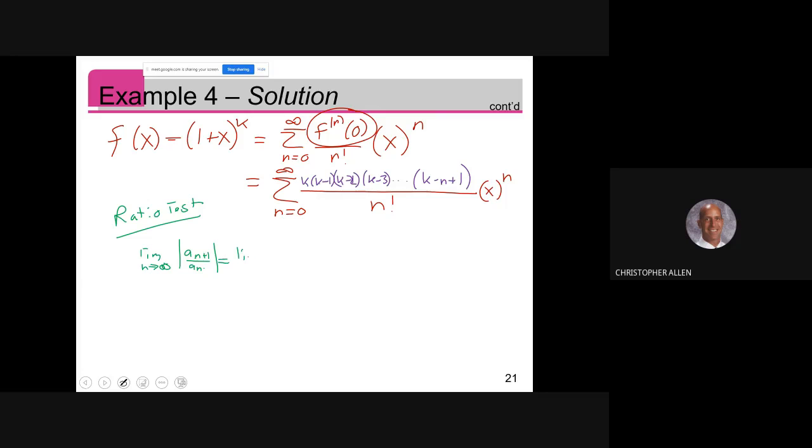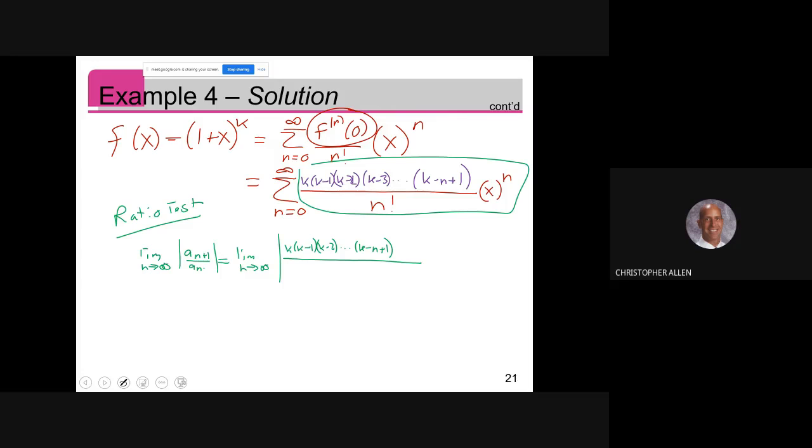Now, we're dealing with a sub n. That's this stuff in green, right? That's a sub n. K minus 1, k minus 2, dot, dot, dot, k minus n plus 1.